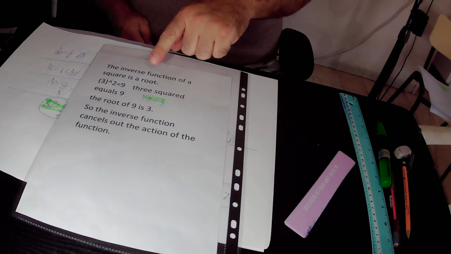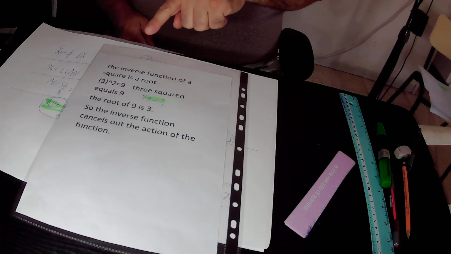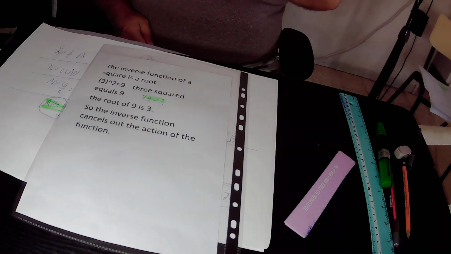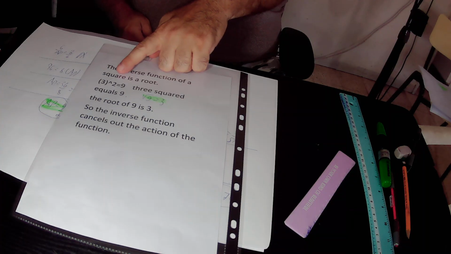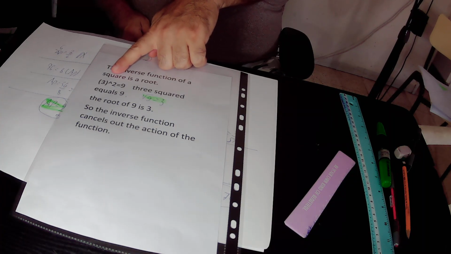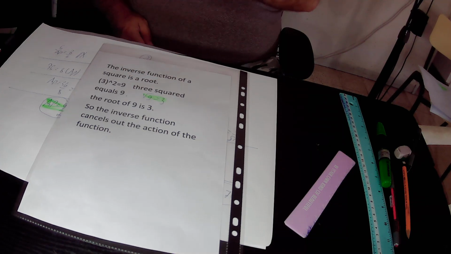So the root of 9 is 3. That is to say, the inverse function, the root, cancels out the operation of the function square. In this way, we got the number 3, because the root of 9 is 3.